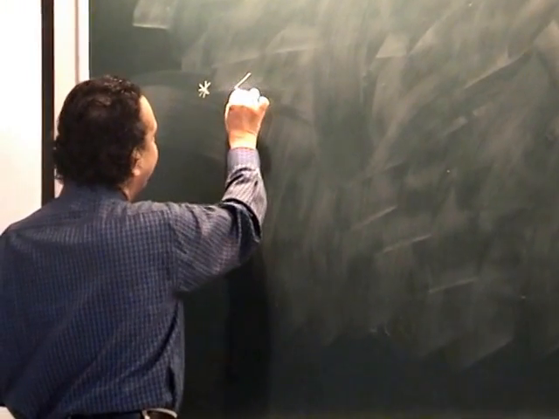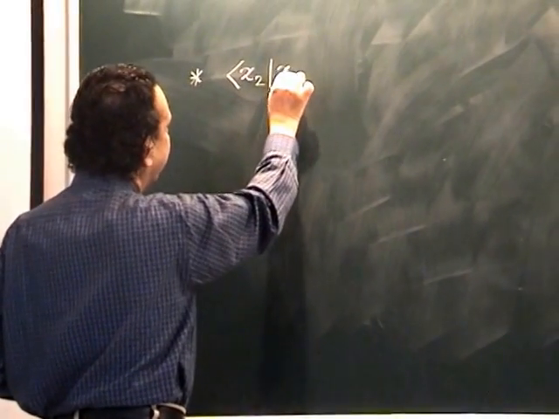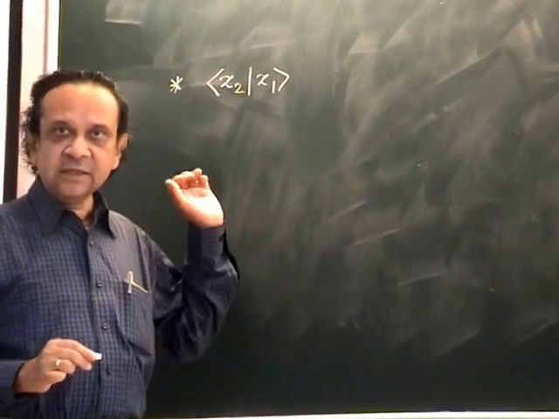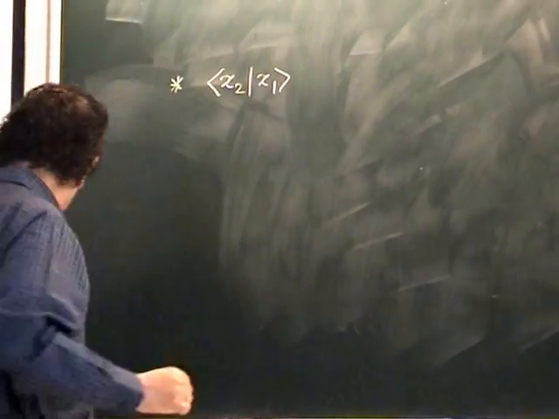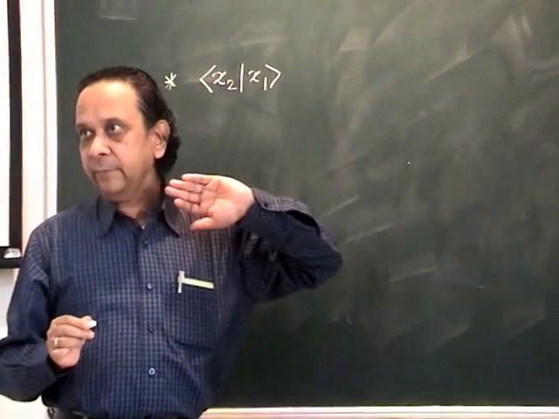What we are after is this particular propagator, ⟨x2|x1⟩, where these are four-dimensional events in this space. This is what we wanted, even in the case of non-relativistic theory.